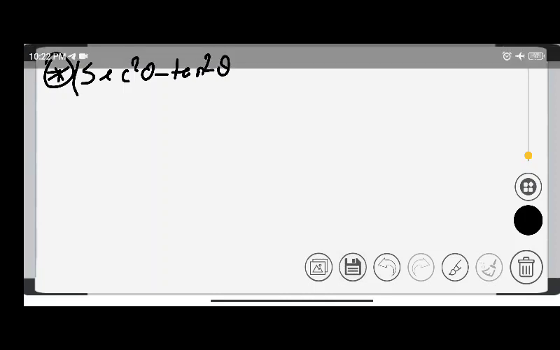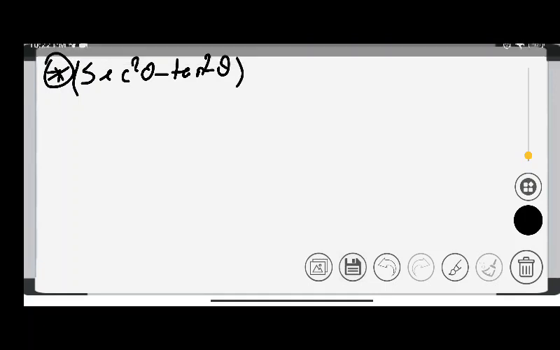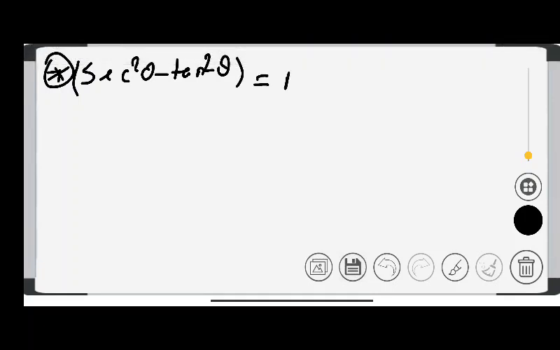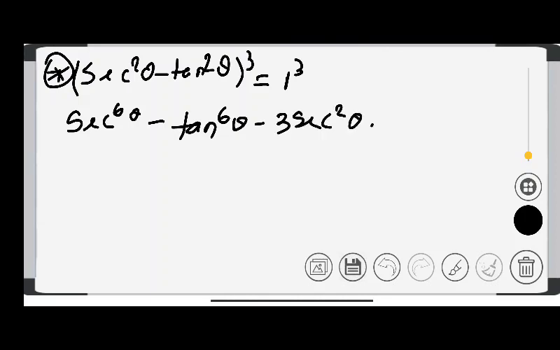Next one. If I use the same formula, secant square theta minus tan square theta is equal to 1, and cube both sides, what would you get? You will get secant power 6 theta minus tan power 6 theta minus 3 secant square theta into tan square theta is equal to 1.